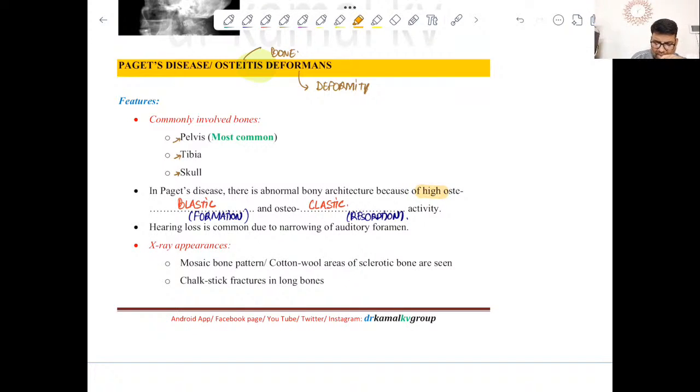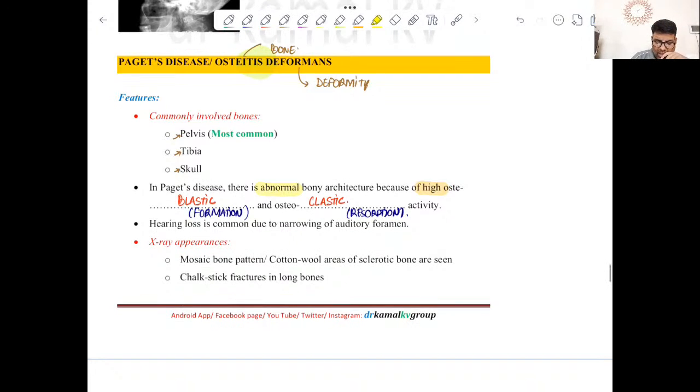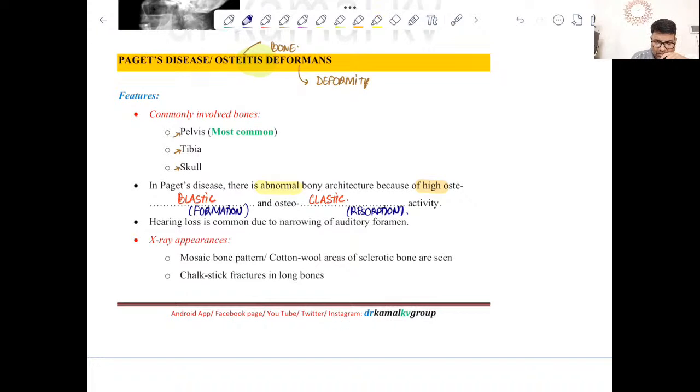So, what will happen as a result of this? The bony structure becomes changed. So, there is abnormal bony structure because of high uncoordinated osteoblastic and osteoclastic activity, and it can affect pelvis, tibia and skull. Now, why am I specifically mentioning it over here?